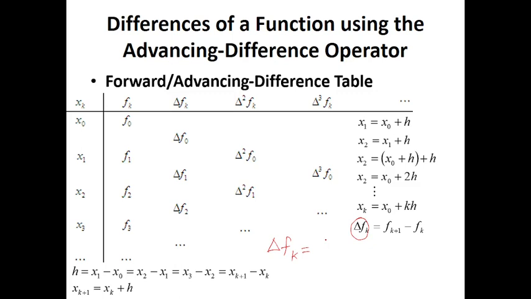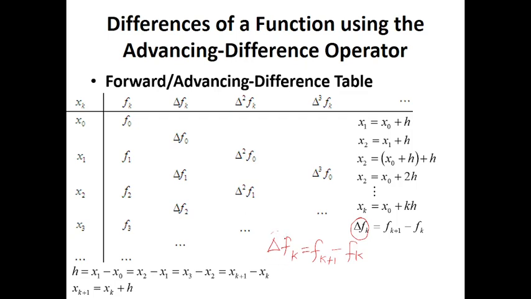subtracting the preceding value of f from the successive value of f, that is f sub k plus 1. So delta f sub k is the first difference of a function.